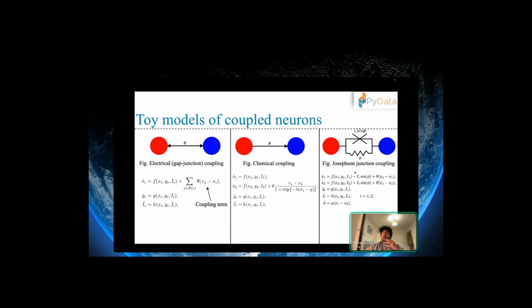Some people have also tried to make these coupling strategies more realistic over time, and they have included periodic behavior, trying to introduce periodicity on the current and see how this periodic non-linearity affects the behavior of two neurons coupled to each other.